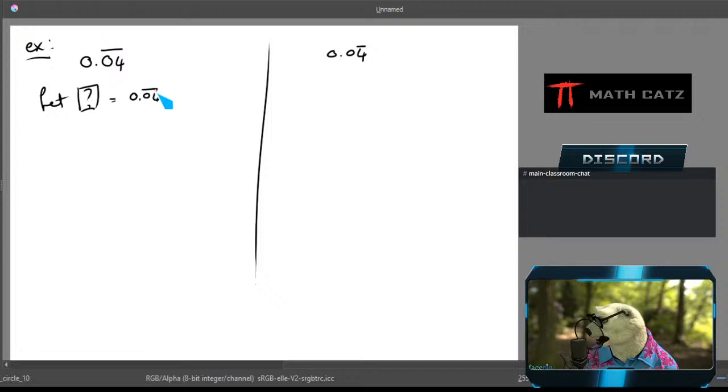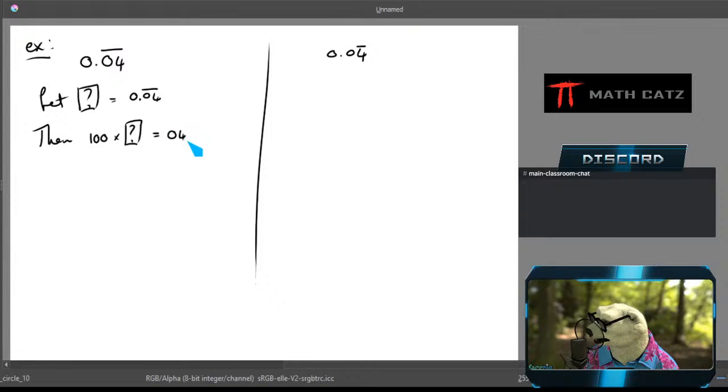Because these are numbers, I can use my equal sign. Then my goal is to shift this so that one of the repeating sections appears in front of the decimal point. Obviously, then I have to move it twice. So I'm going to multiply by 100 because that moves it twice.